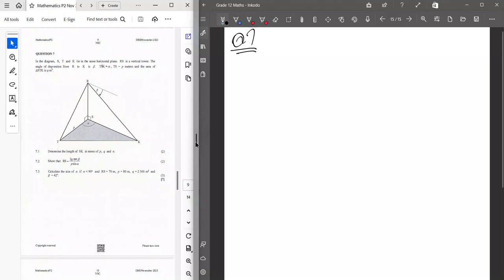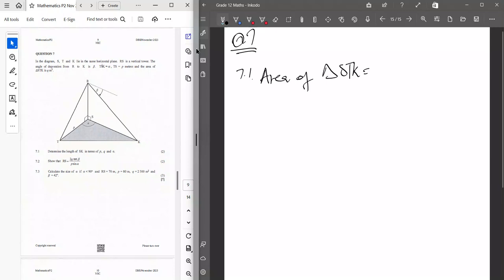Determine the length of 7.1. Determine the length of SK in terms of P, Q, and alpha. So here, what we can do, we can use the area. They said area of triangle STK.